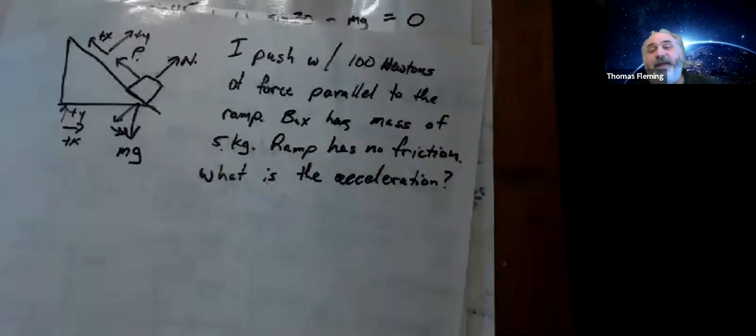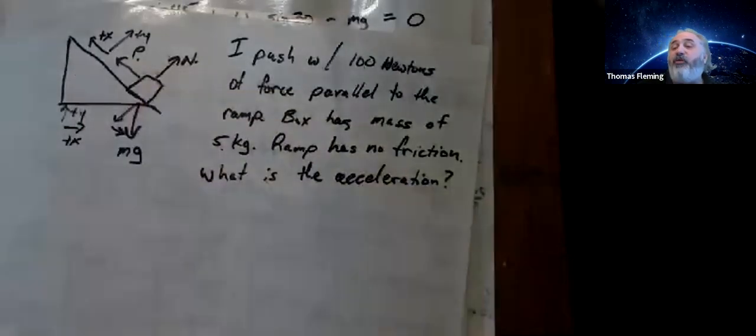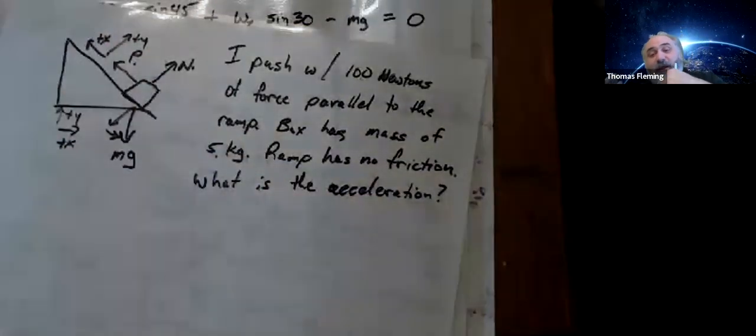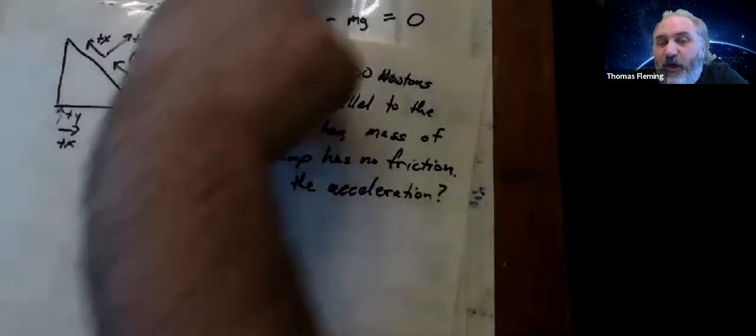But more importantly, when it comes to my acceleration, I get a ton of mileage out of this choice. Because the acceleration in the x direction might be not zero. It could be accelerating up the ramp. But the box is not going to move in this direction at all, right?